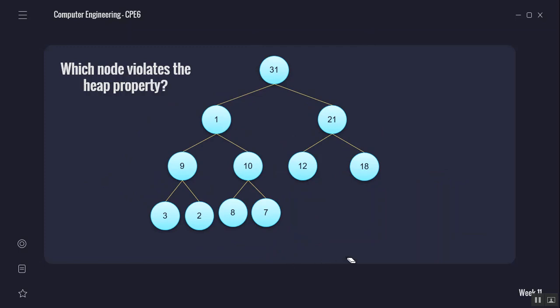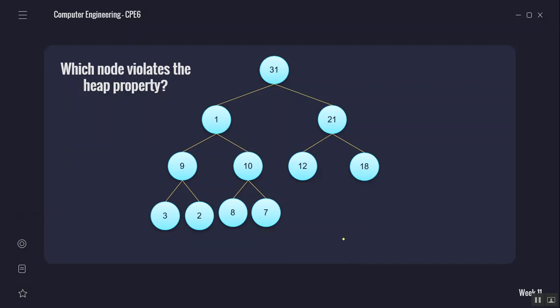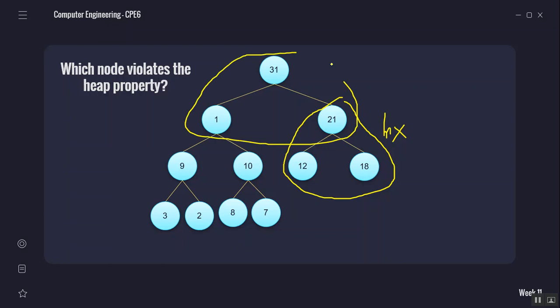Now you have to determine, by looking at its subtrees, which one violates the property. So let's say for example in this part, this is a max heap. And then if we look into this, this is also a max heap.